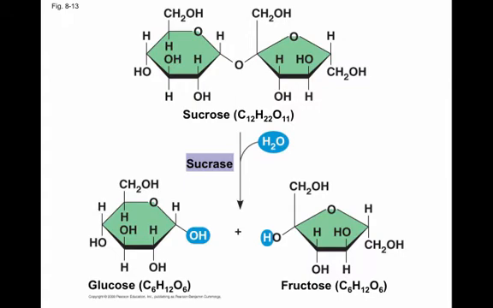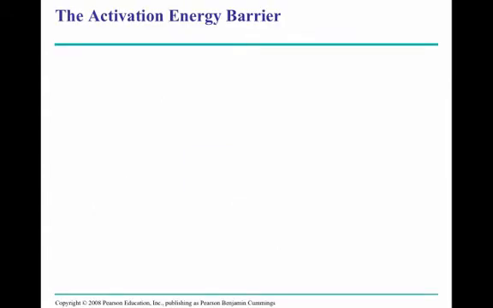We talked about hydrolysis as the opposite of dehydration synthesis back in chapter 5, I think. Sucrase then is the enzyme that speeds up the process when water is applied to break apart that bond, this glycosidic linkage between our glucose and our fructose. So sucrase is present to help speed that process up.